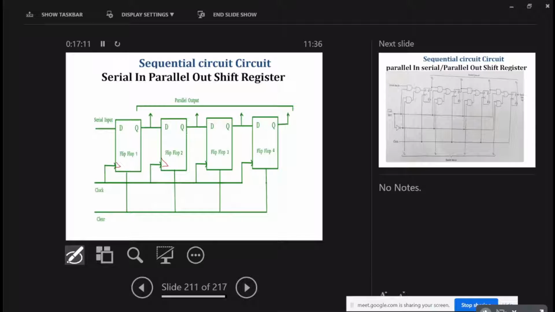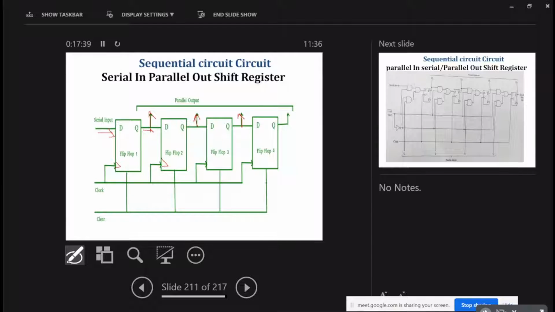So at each output, we have connected one wire. From those parallel wires we can take parallel information once all the bits have been shifted to the output of each flip flop.